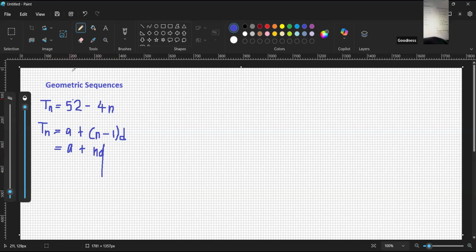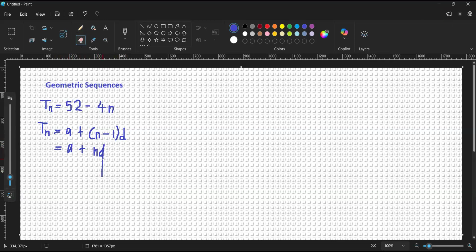The next thing we have is nD minus D, because D times minus 1 is minus D. Now remember, D and A are numbers; n is also a number, but it is the position, which can change from one term to the other.